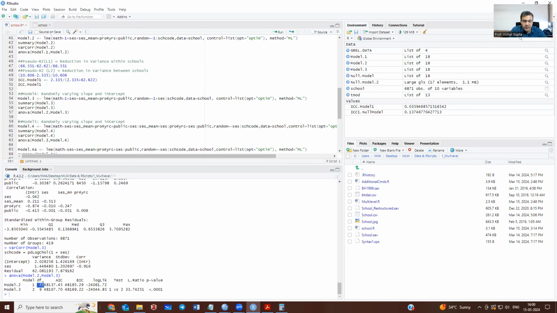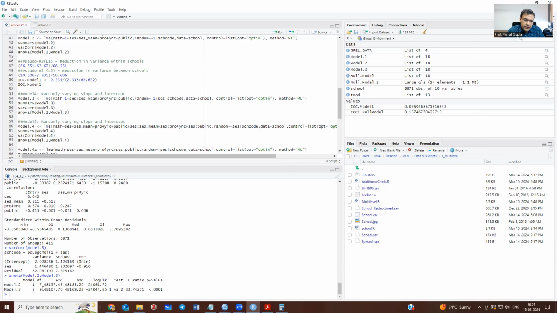In our random intercept model, we had said there are 5 fixed effects plus 2 random effects, so there are 7 parameters or 7 degrees of freedom. So you should not wonder why the degree of freedom is not coming out to be 8 but 9, because it has also computed this additional correlation here.